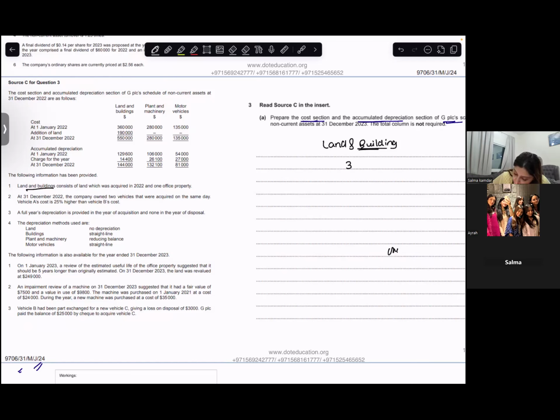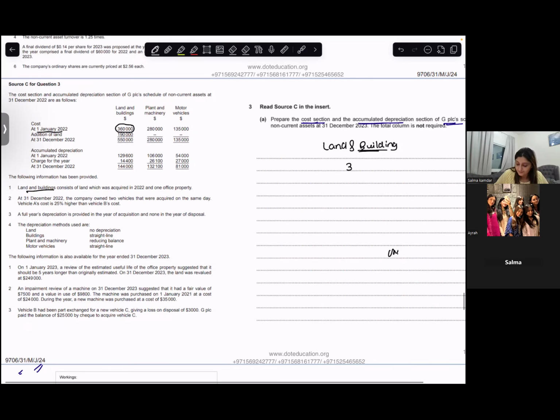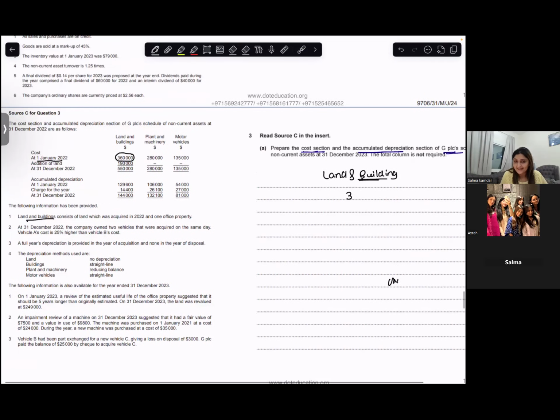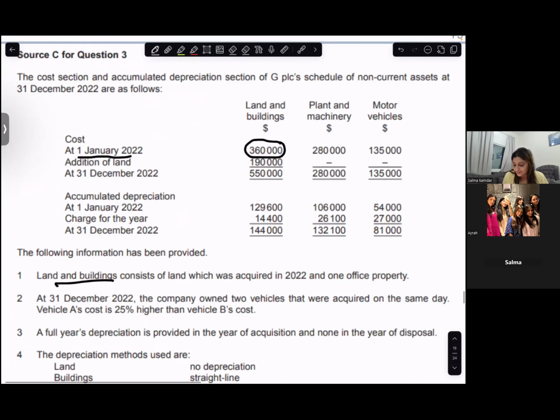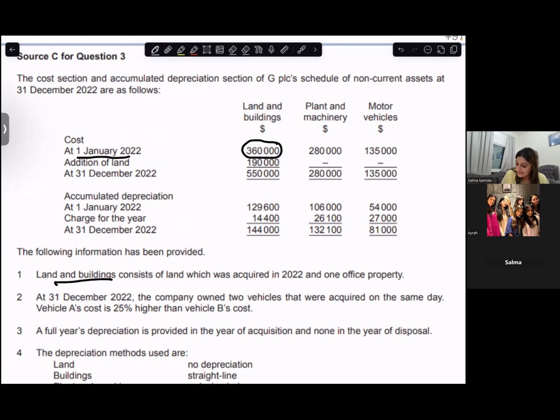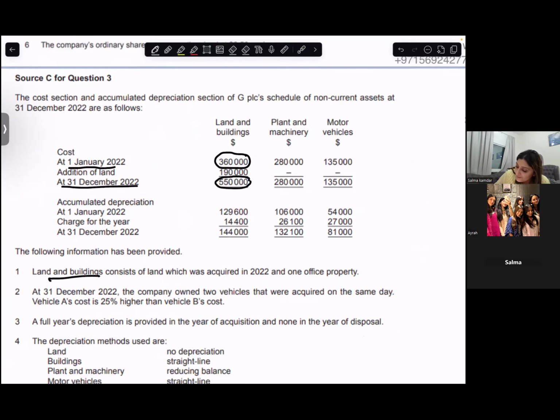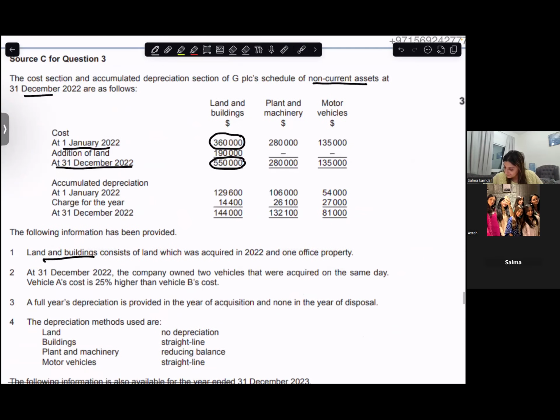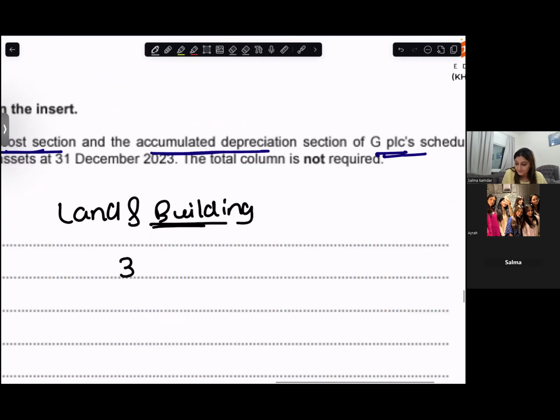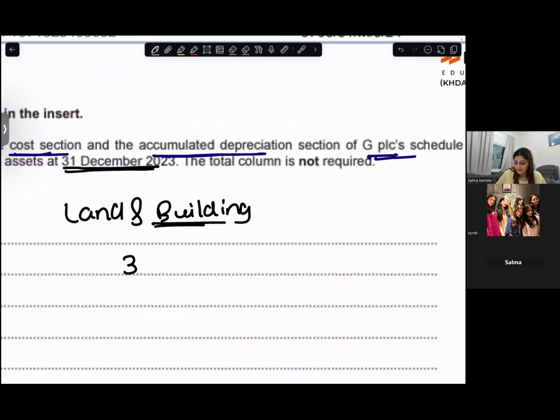Now understand over here. Can you see this cost over here? This is for which year? 2022. What date? 1st Jan 2022. And this over here is 31st December 2022. I am asked to prepare the non-current asset schedule for 31st December 2023.